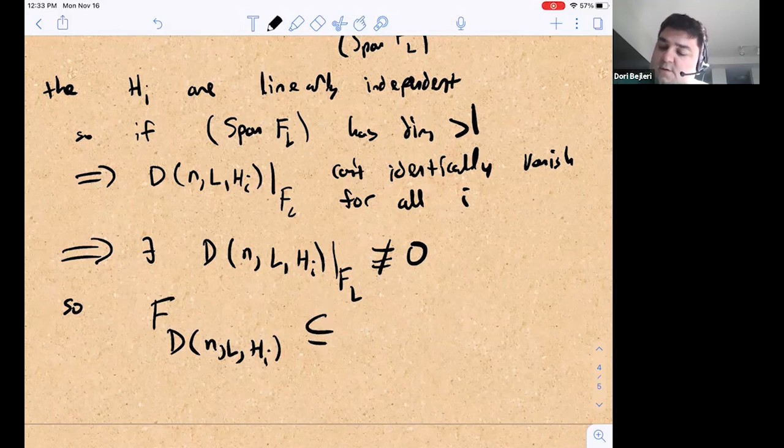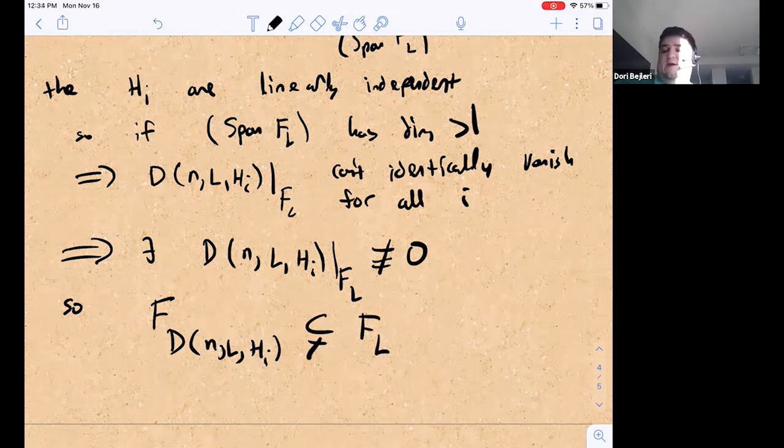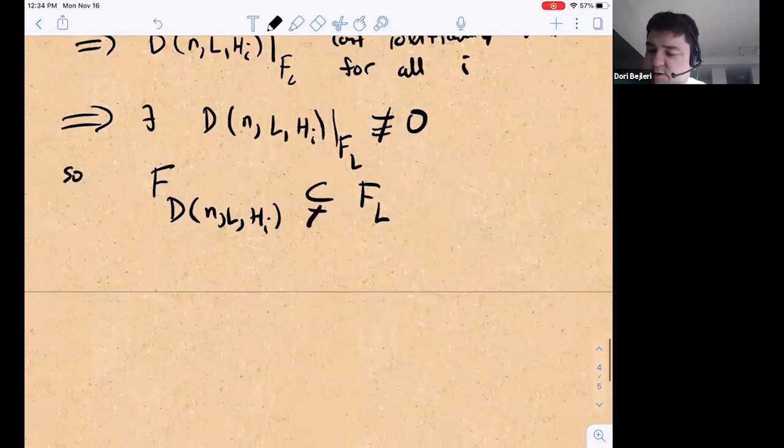Sorry, is a strict subset of FL. And so we found some ample so that this process cuts out a strictly smaller face. And so now we can just keep repeating.